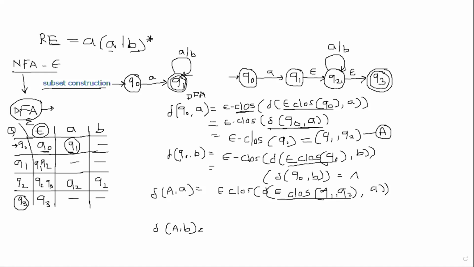Q1 चा epsilon closure आहे Q1 Q2 आणि Q2 चा epsilon closure आहे Q2 Q3. So it is the union of both, because whenever I am taking the epsilon closure of Q1 comma Q2, the meaning is you have to take the union operation. The solution of this bracket, epsilon closure of Q1 Q2, is Q1 Q2 Q3. And this A as it is.